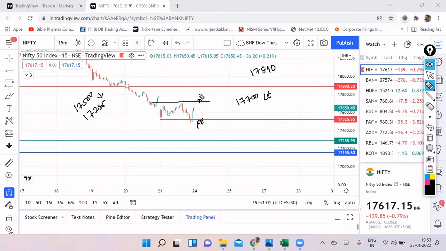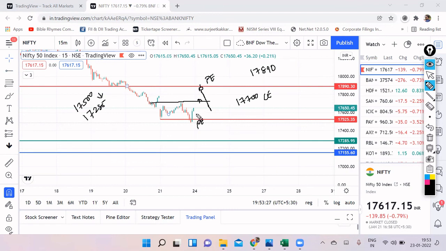And in case we gap up at this place, for which there is no chance, but in case we gap up around 17,900, definitely you can buy a put, and our first target would be around 17,600. So almost a 200 to 300 point fall. So this is where we'll buy put, and this is where we'll buy put.